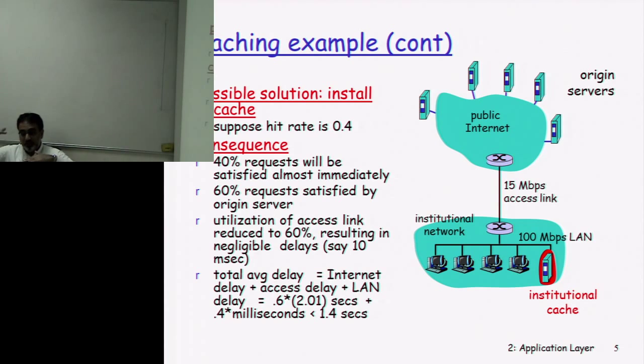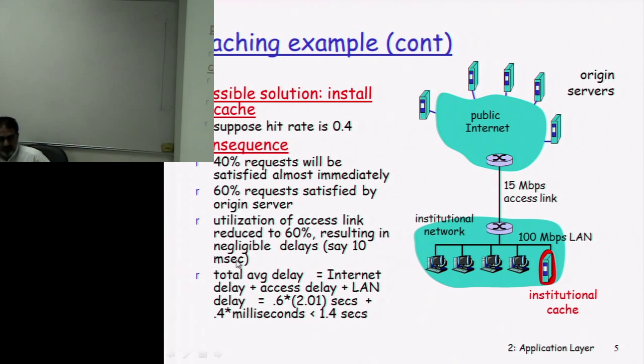So 40% is saved, served internally from the cache. Clear? Is this concept clear to you, please? Yes. Everybody? Okay, good.